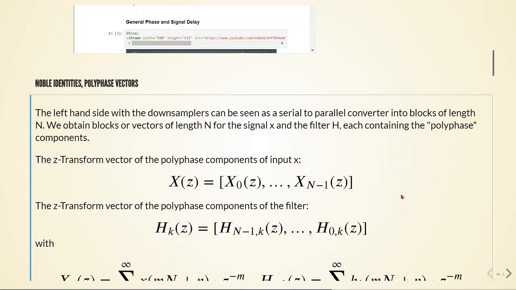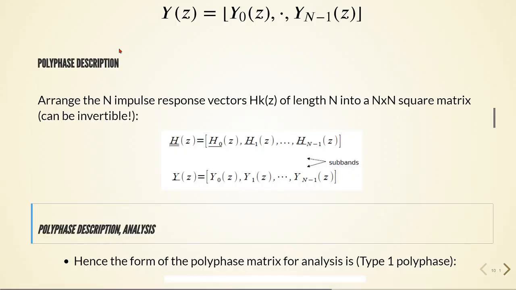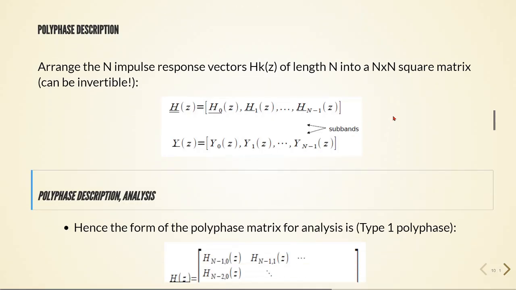So now we are dealing with polyphase and we are dealing in the Z domain. Using this polyphase concept, we will arrange the capital N impulse response vectors H_k of z of length N into an N times N square matrix. We use a square matrix because it can be invertible. So we have here our vectors. They represent subbands.